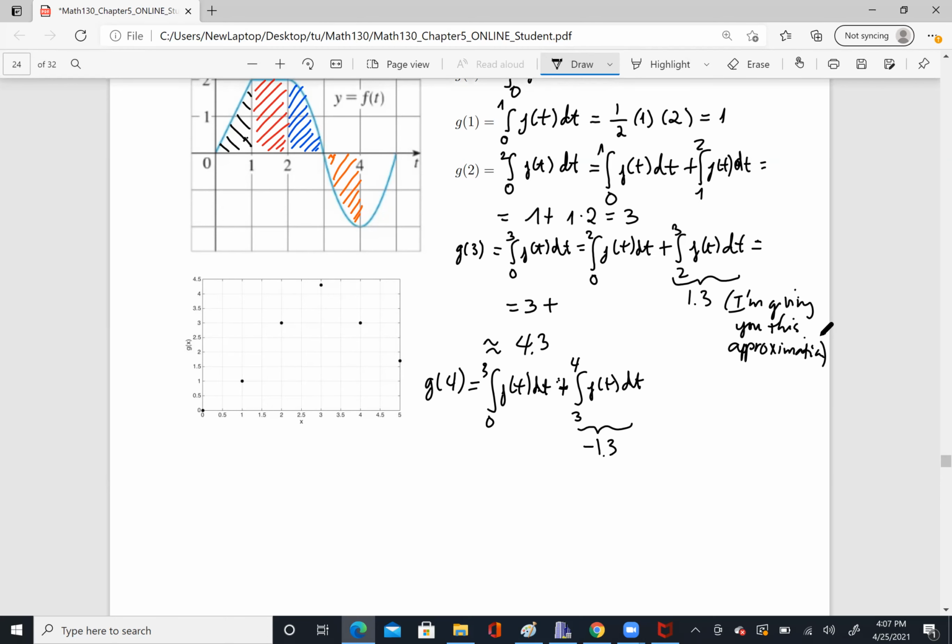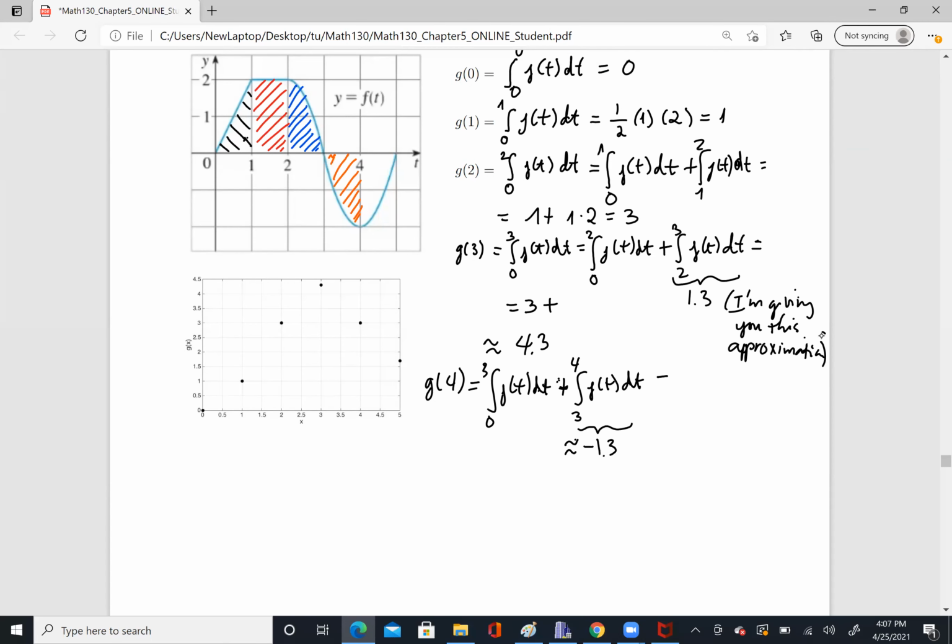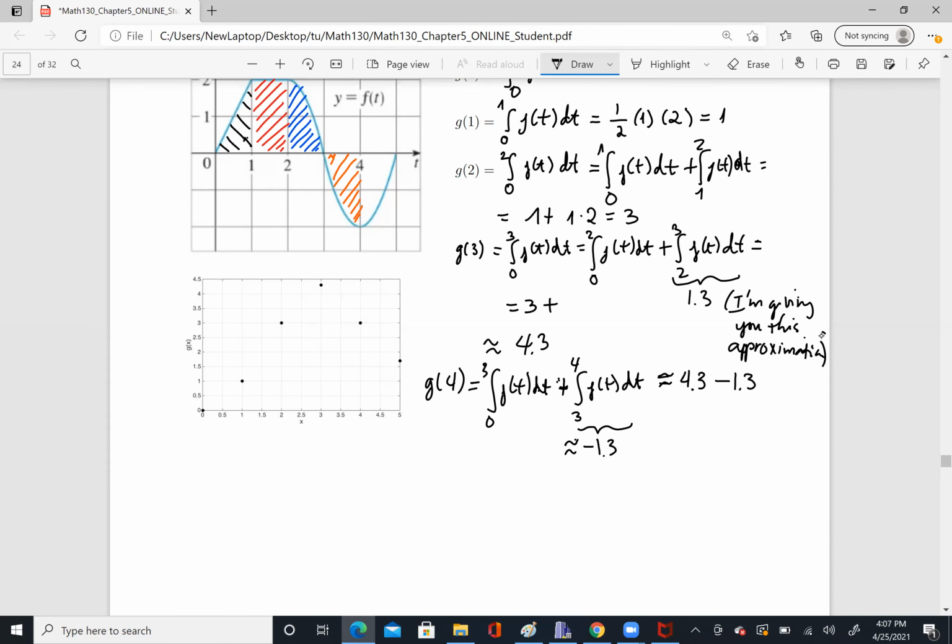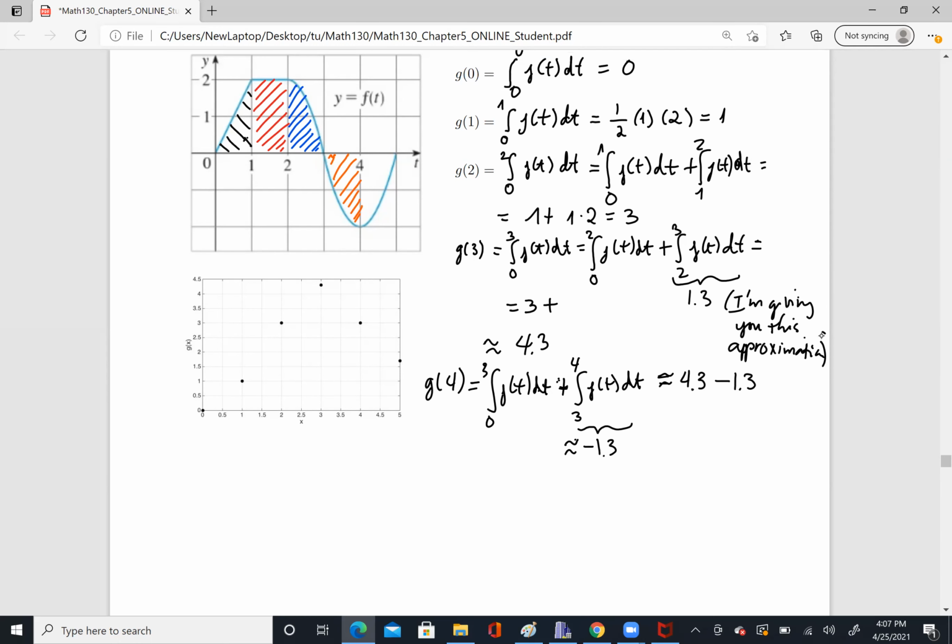It's negative 1.3 approximately. So then I'm going to have this as 4.3 minus 1.3, and that's going to be equal to 3. Go back to 3.